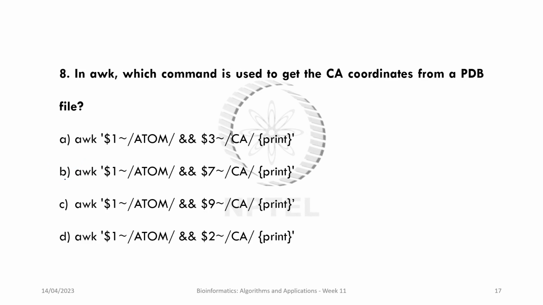Question 8. In awk, which command is used to get the CA coordinates from a PDB file? Option A, awk, then quotes $1 tilde ATOM and operator. I'm not going to read this out. Just look into the options A, B, C, and D and choose one. Thank you, Devangana.